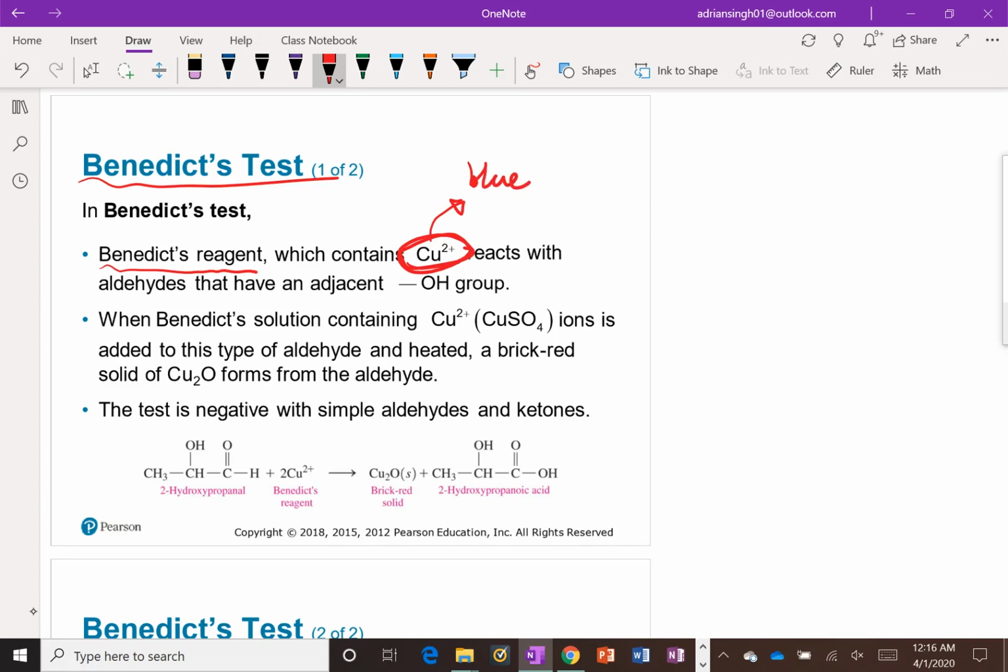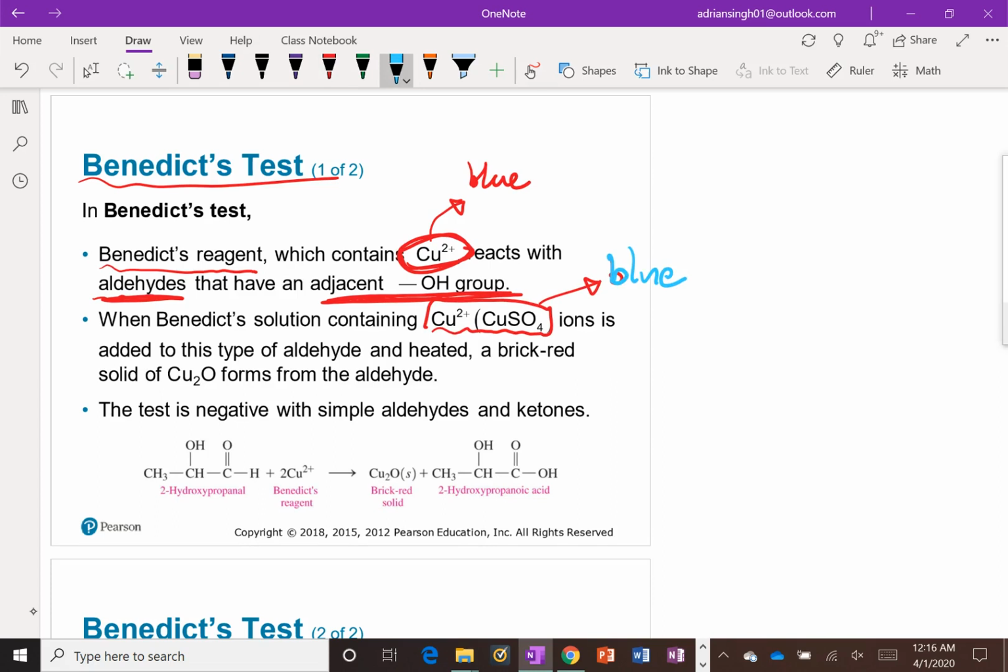What this tests for specifically is the presence of aldehydes that have a hydroxyl group right next to them. The Benedict solution contains copper 2+ in the form of copper 2 sulfate, which I should probably write in blue.